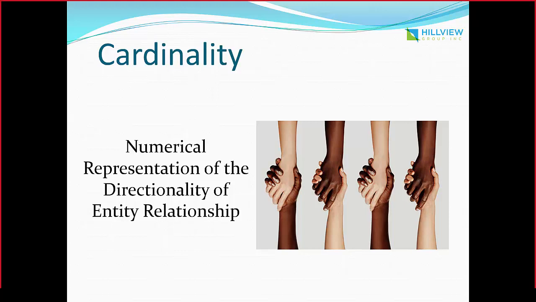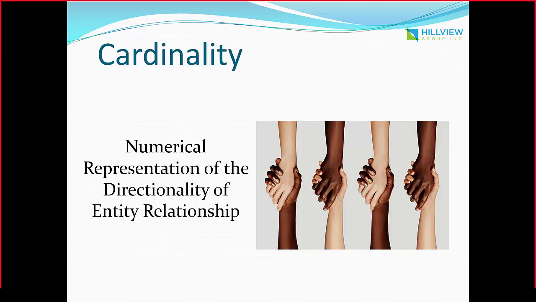Okay, so you should know that during your design, especially when you get to the logical design, you have entities, and you may have as many entities as that business will require.